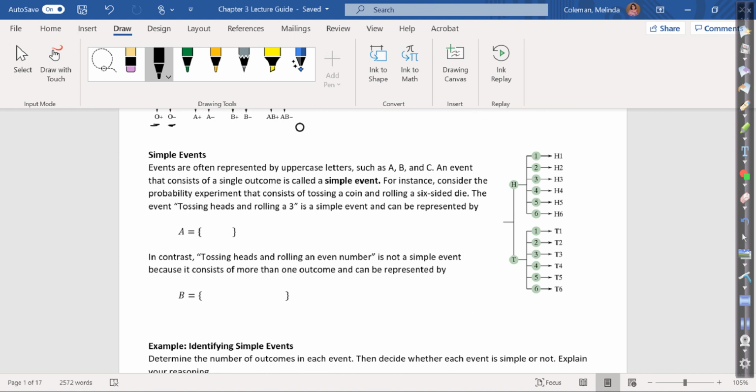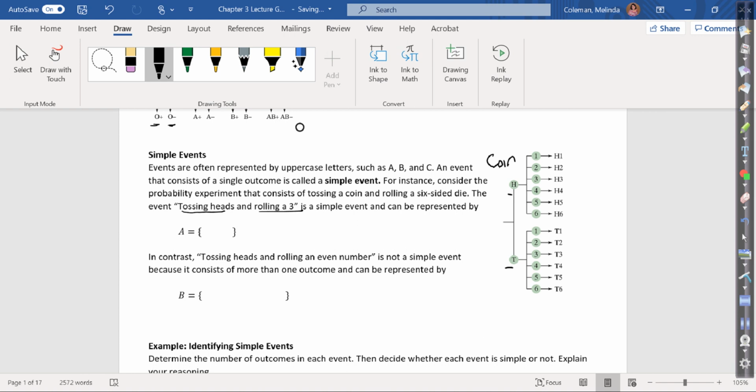For instance, consider the probability experiment that consists of tossing a coin and rolling a 6-sided die. The event, tossing heads and rolling a 3, is a simple event and can be represented by, so we want heads and a 3. So if we look at our chart, this would be heads or tails. So this is the coin flip, heads or tails.